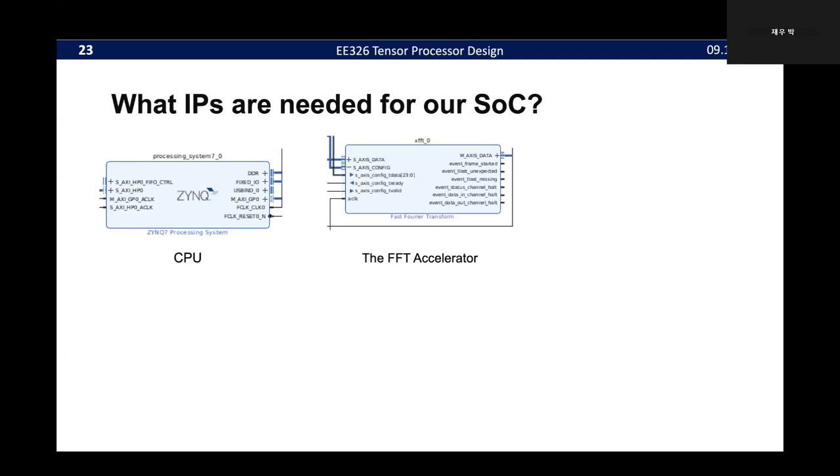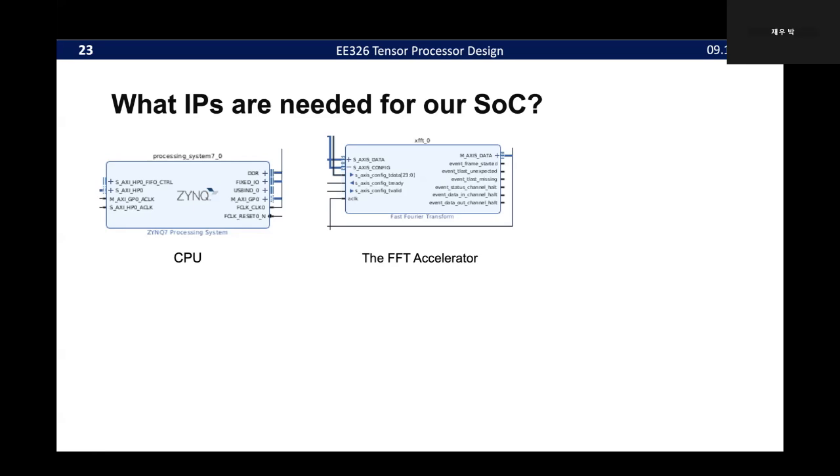So an SoC does not work with only these two items. What do we need more? In this course, if you have any questions or if you have something you do not understand, please tell me right away, okay?